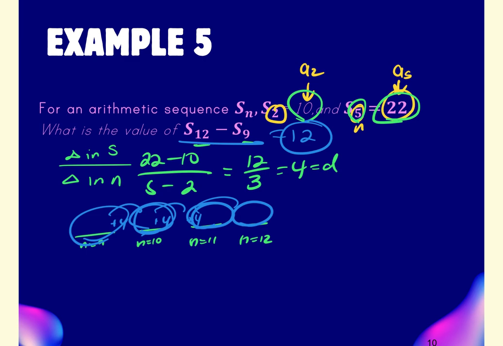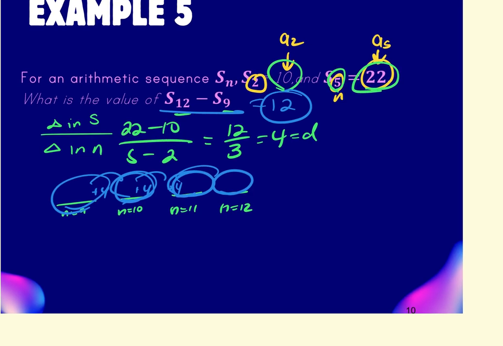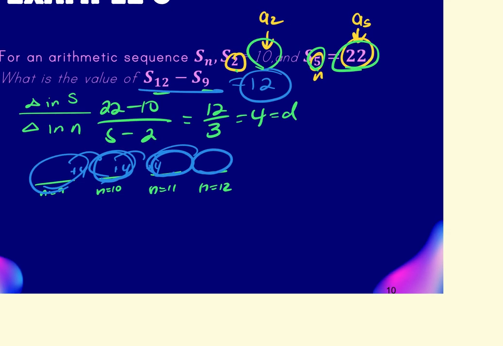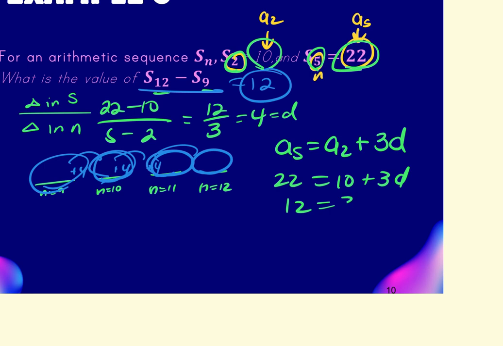Okay? You could have also set up an equation. I could have said, let's use 2. A2, actually I had to use 5. A5 equals A2 plus 3D. I could have done A5 is 22, A2 is 10, 12 equals 3D, and D equals 4.